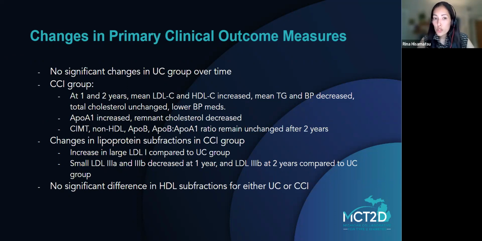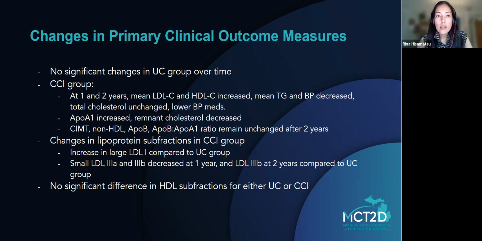In the intervention group, at 1 and 2 years, mean LDL cholesterol and HDL cholesterol increased, mean triglycerides and blood pressure decreased, and total cholesterol remained unchanged. They were also able to lower their blood pressure medications.